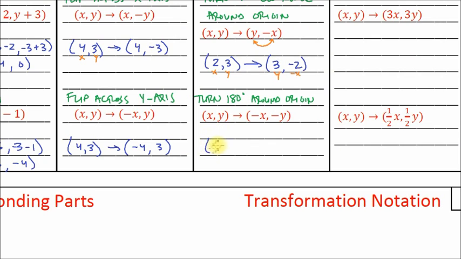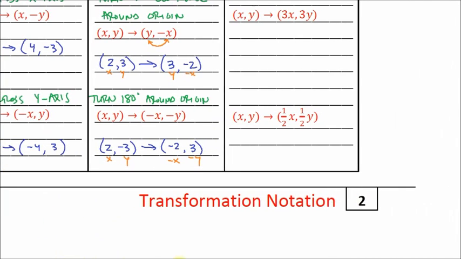If I have a point (2, negative 3), take a look. In this case, the x position stayed the same, but the sign flipped. And the y position stayed the same, but its sign flipped. It was negative 3, now it's positive 3. If you plot that on a grid, you'll see that it rotated 180 degrees around the origin. Let's make a little note to show you this again. This was (x, y), and this became (negative x, negative y). So there's our rotation. We'll do more practice with that later.